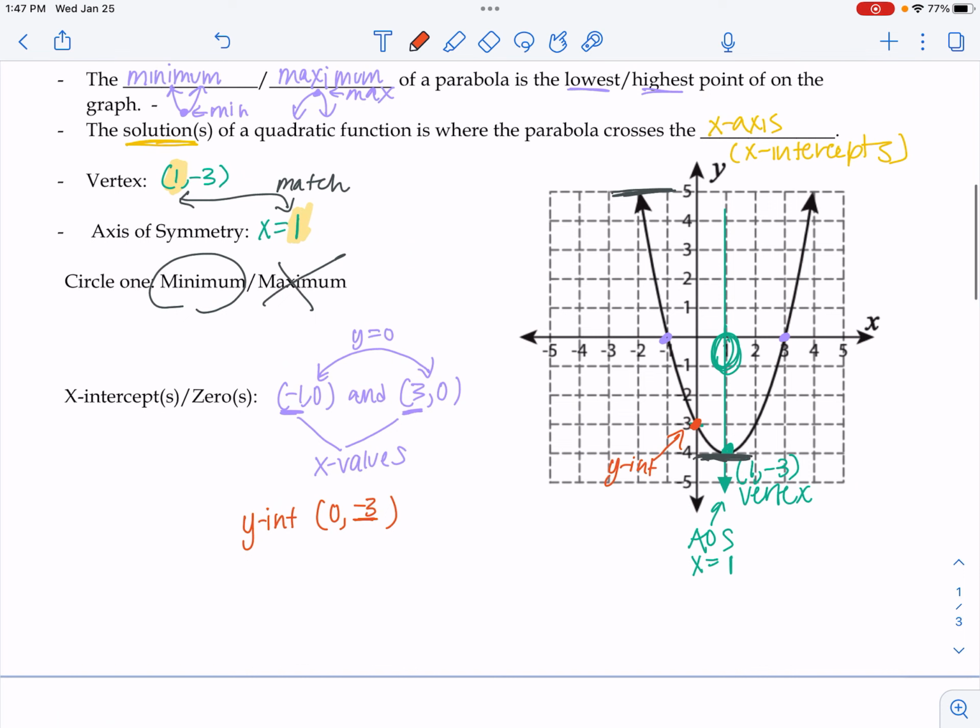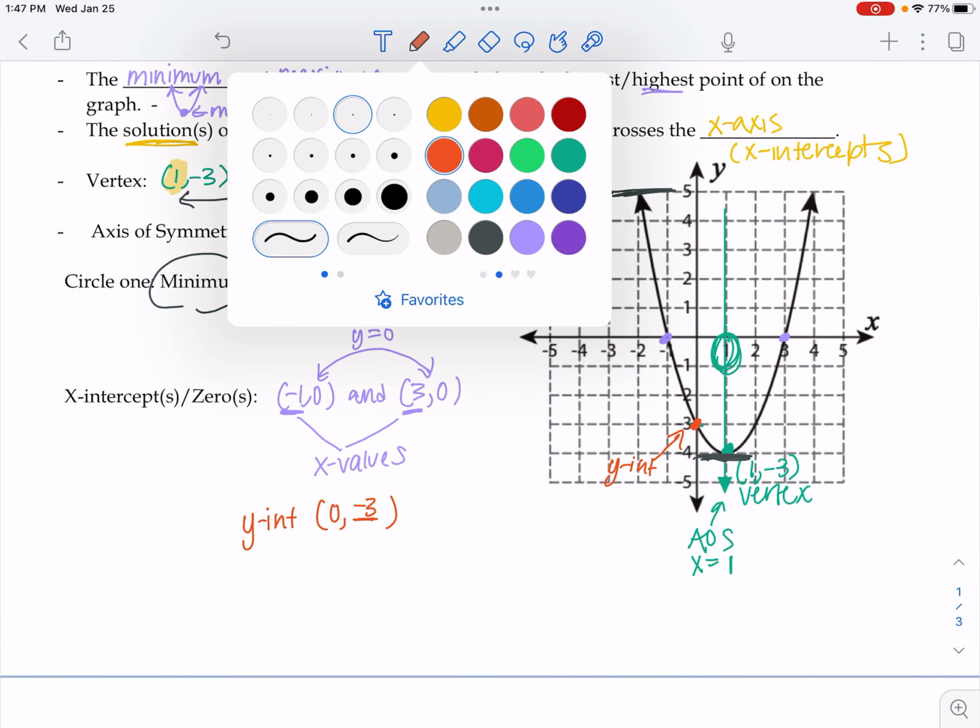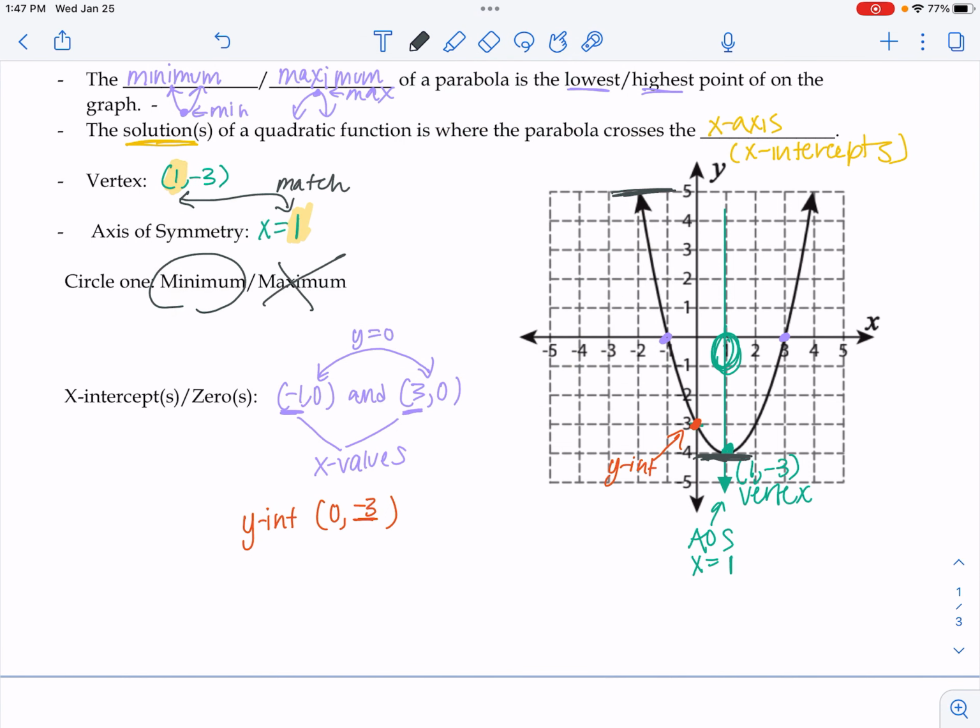So the most important thing you need to remember is that the vertex is a point, whereas the axis of symmetry is an equation. And your x-intercepts and y-intercepts are points.